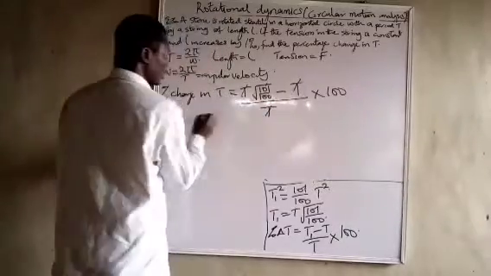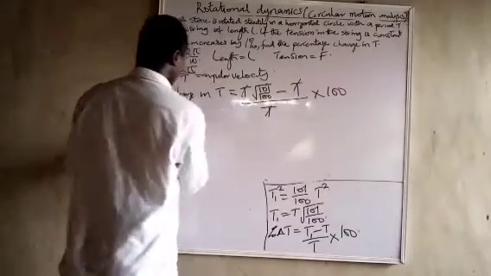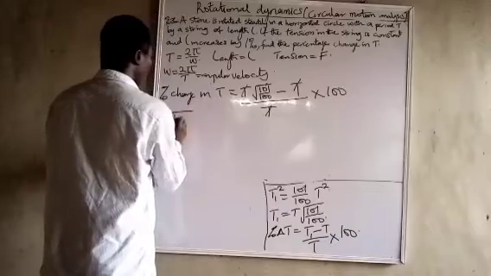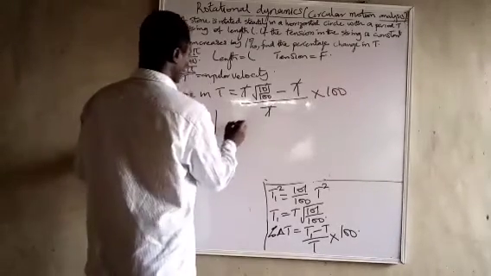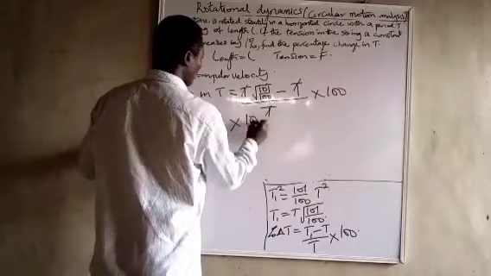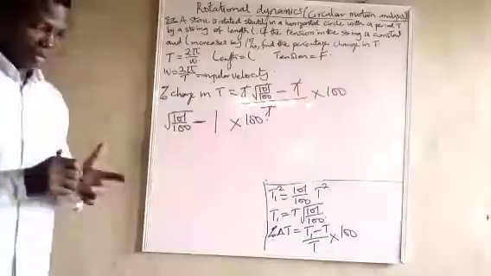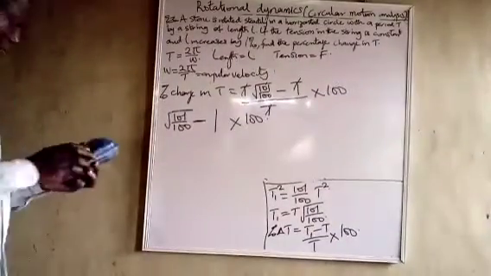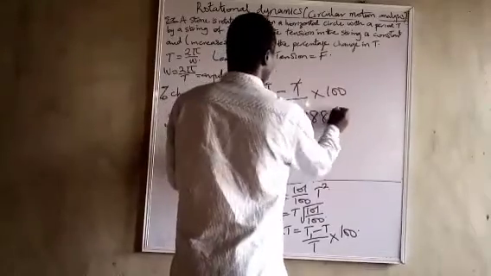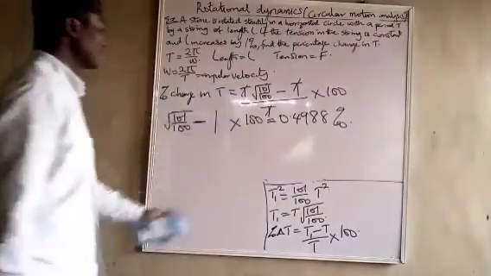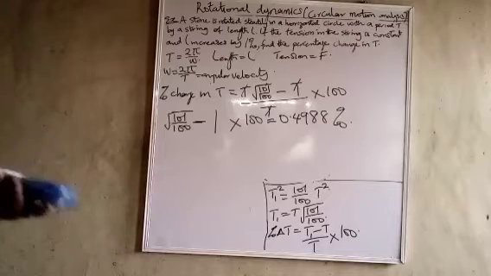So it's going to give us the root of 101 over 100 minus 1, times 100. And so that's what that gives us: 0.4988%. So change in T is 0.4988%.